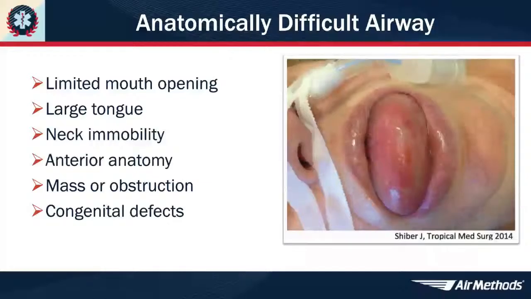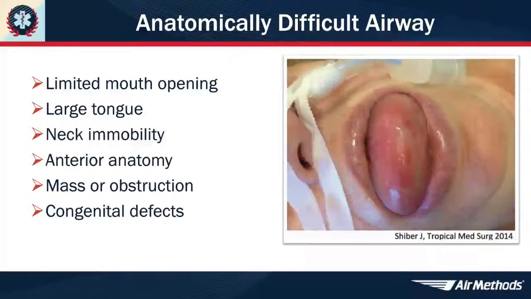Or they could have tongue swelling, like you're seeing in this photo here. Obviously, that's going to cause us a problem, right? Neck mobility, talked a lot about that. Anterior anatomy, we'll talk a little bit about how you can mitigate that and some things that might help you get that airway into view.